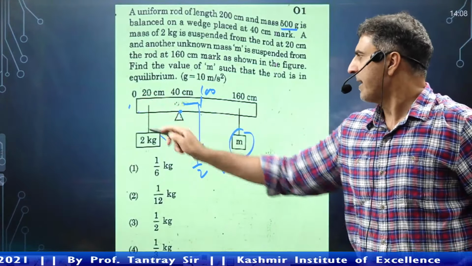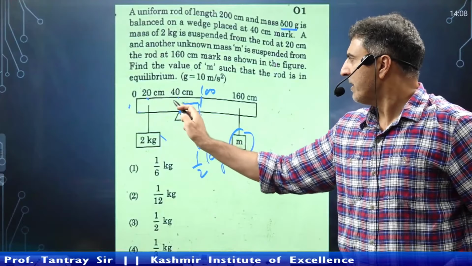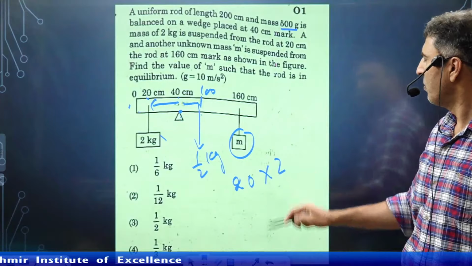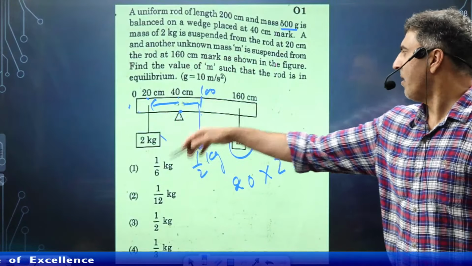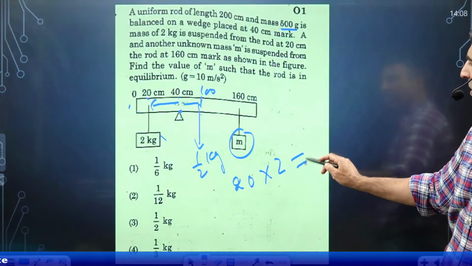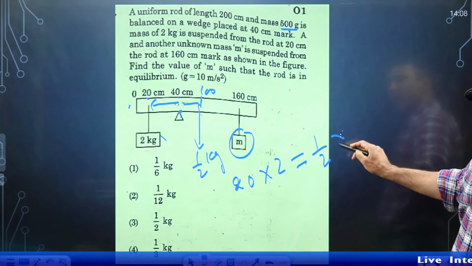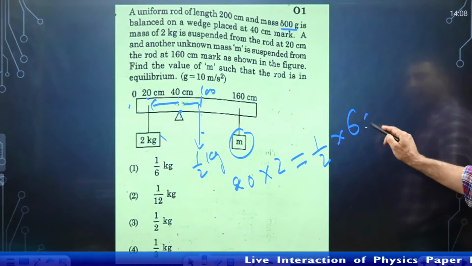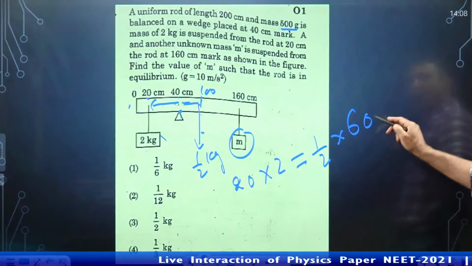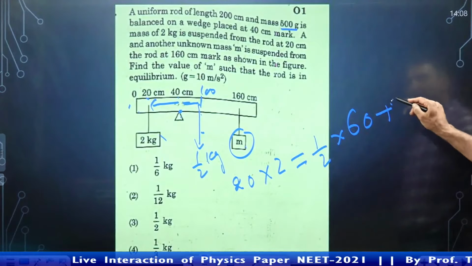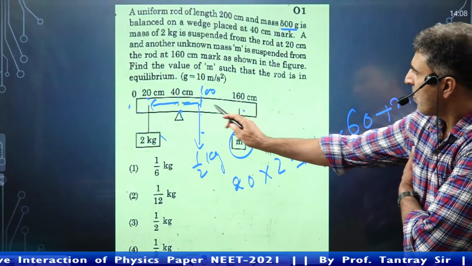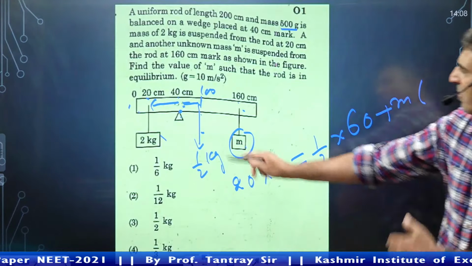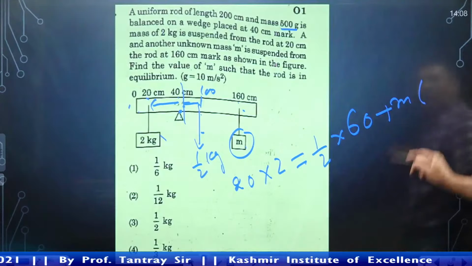What is the moment on this side? That is 40 minus 20, that is this distance. That is 20 into 2 on the left side. On the right side, that is 1 by 2 kg into 100 minus 40, that is 60 distance, this distance, and plus m into how much away it is from here, 160 minus 40, because 40 is the mark here, that is 120.